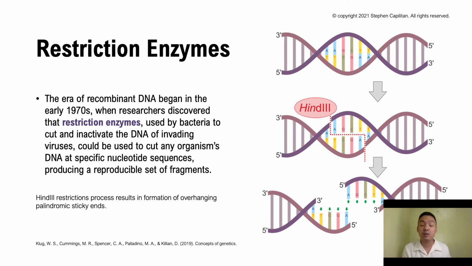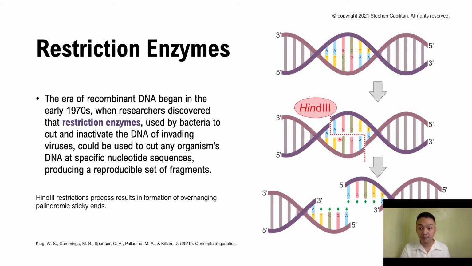This mechanism was used by bacteria to cut and inactivate the DNA of invading viruses. They could be used to cut any organism's DNA at specific nucleotide sequences, producing a reproducible set of fragments. We will be looking more into the details of these restriction enzymes in future presentations.